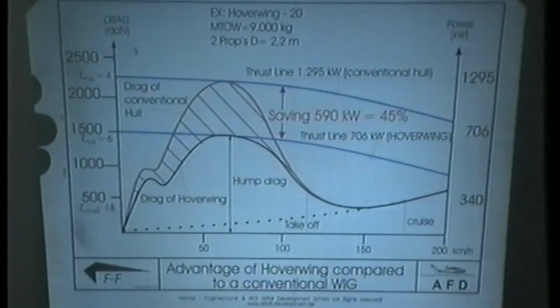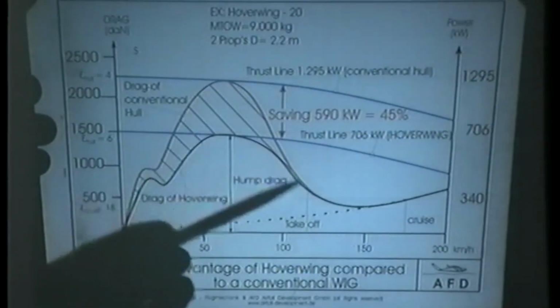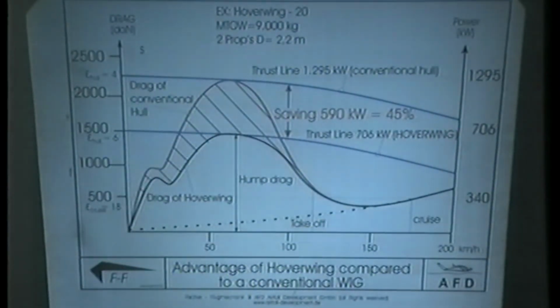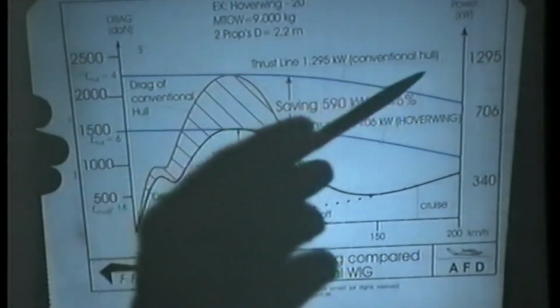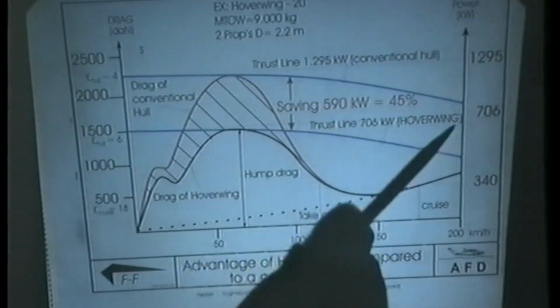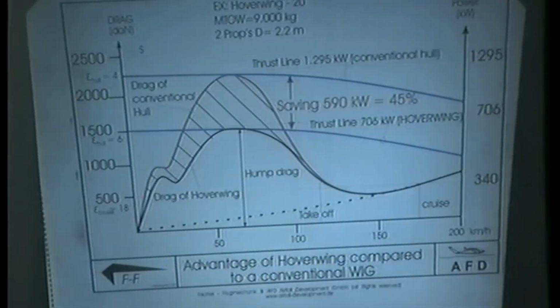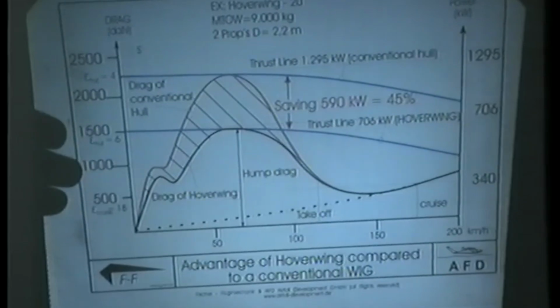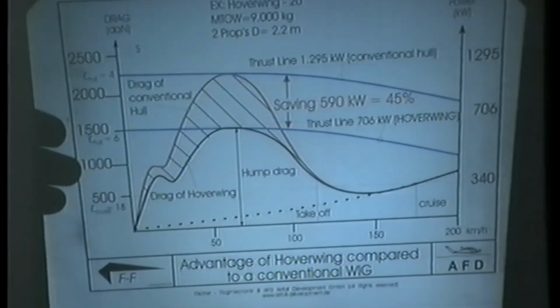The curve which we have seen before gives us this drag line, and so we are able, instead of 1,290 kilowatts, to come out with only 706 kilowatts. So we save this amount of power during takeoff. We see this is a breakthrough to overcome the problem of hump drag. In comparison, this is roughly 50% only.